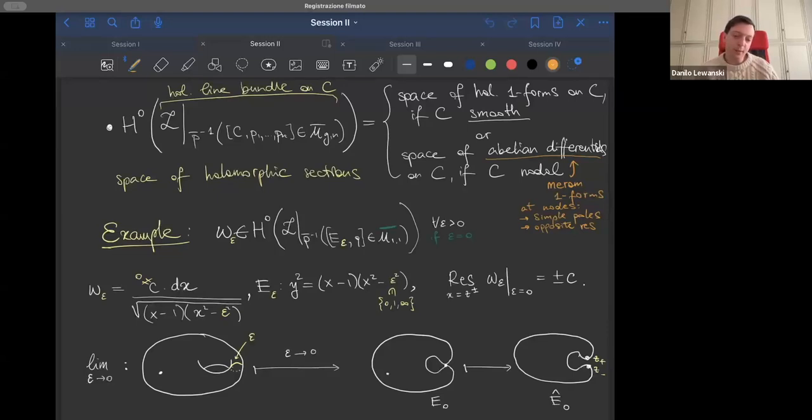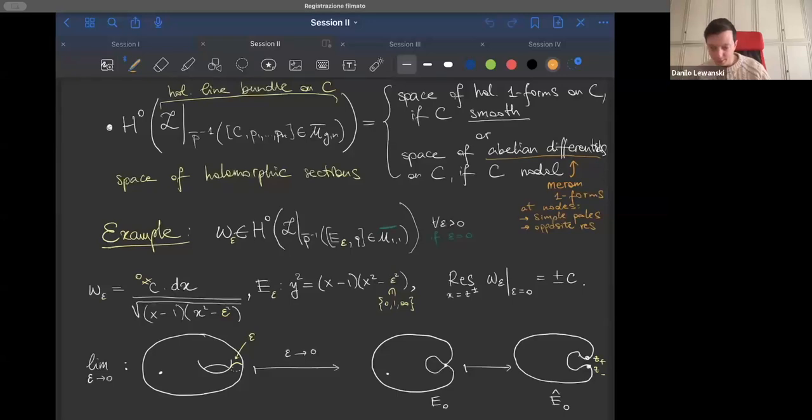And so basically I drew below what happens to this family of curves. Epsilon, you can take it as the length of this loop, as always. And now you have a holomorphic differential one form on each of these curves, on the family of curves. And in the limit, you will get that the residue on one side of the node is plus c, and on the other side is minus c. And you only have simple poles, of course.